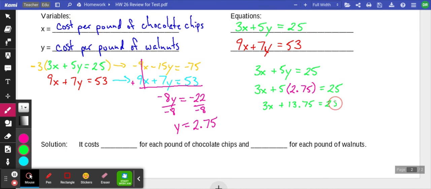equals 25. Then we can subtract 13.75 on each side of our equation, and those will cancel. We have 3x equals 11.25. If we divide by 3 and divide by 3, we end up getting 3.75 for x.